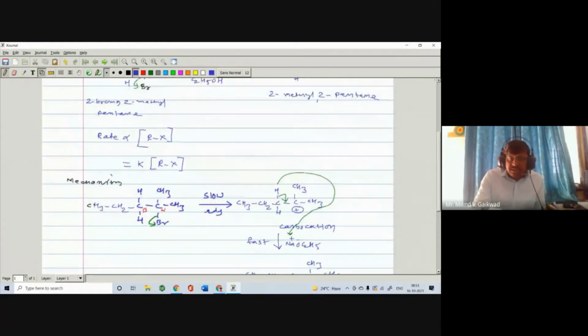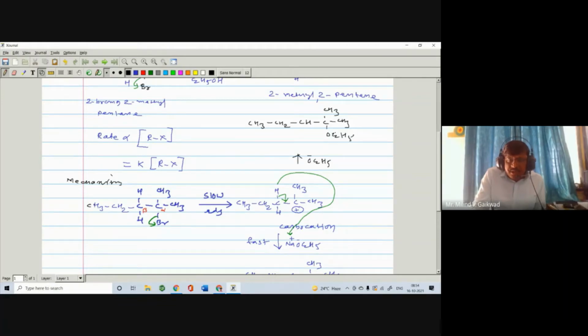In this case, if the structure permits, the O negative C2H5 may also attack the C positive, and you are also getting the substitution product. Substitution and elimination will run parallel.